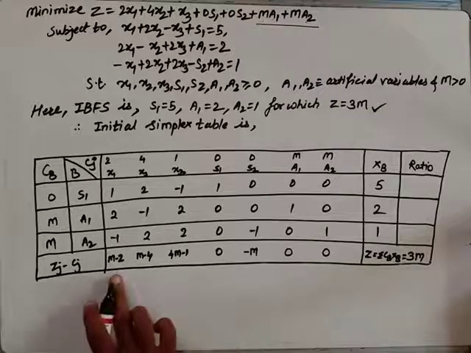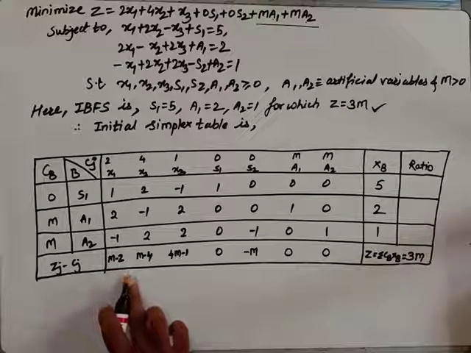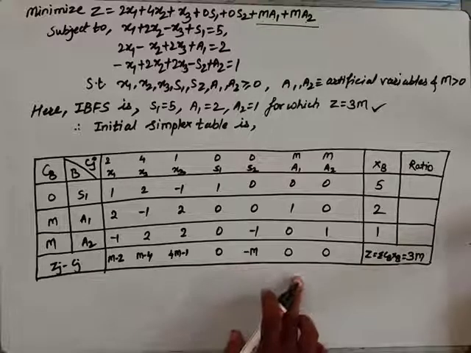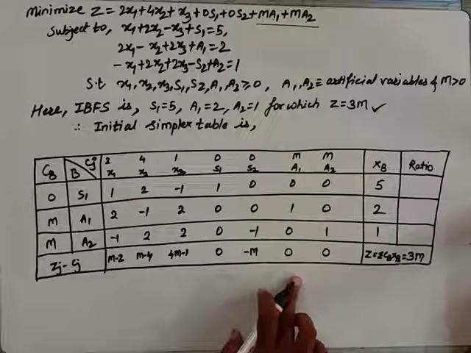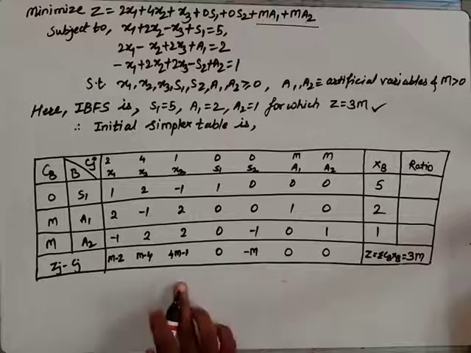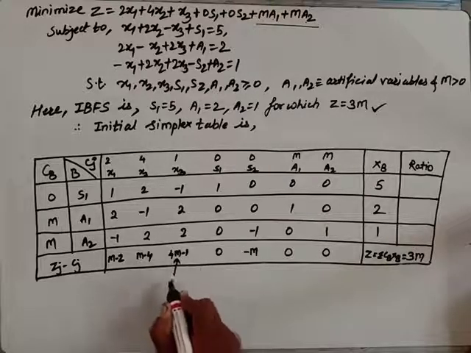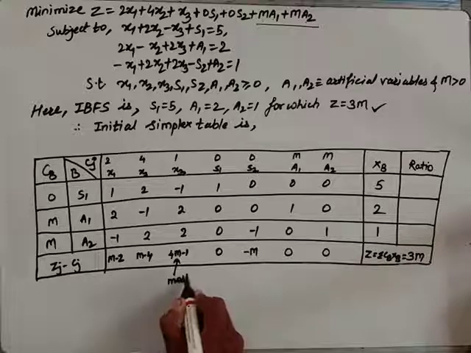Look at here. One is negative only, all others are positive. But which one is most positive here? This 4M minus 1 is most positive.